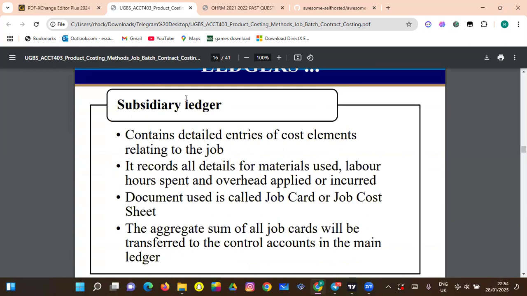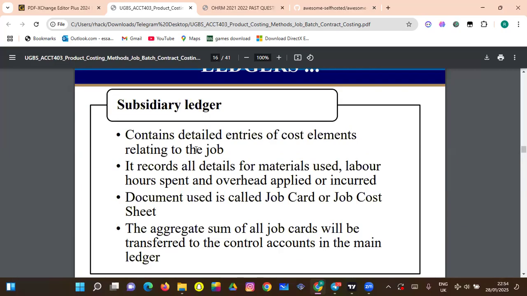Let's talk about the subsidiary ledger. It contains detailed entries of cost elements relating to the job. It records all details for materials used, labor hours spent, and also overhead applied or incurred.